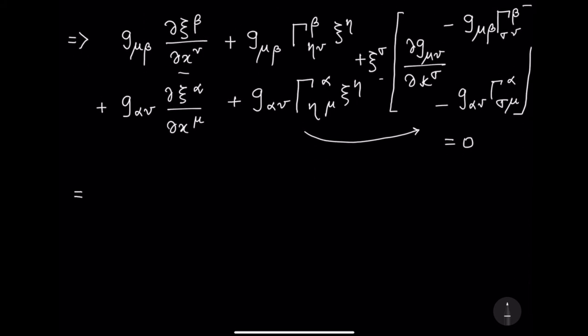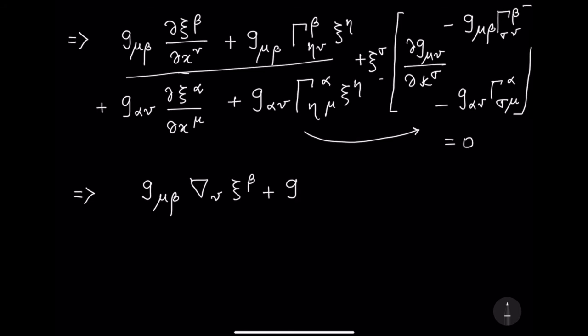Let's look at it. The first two, as it is constructed, is g mu beta covariant derivative with respect to nu of xi beta plus g alpha nu covariant derivative with respect to mu of xi alpha. And then I have xi sigma. Let's see what is this thing in the bracket.